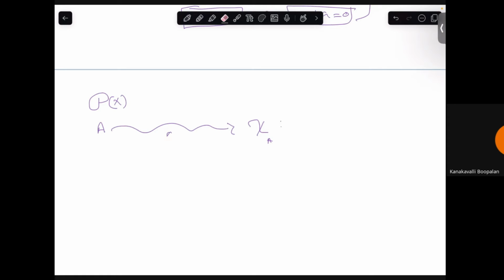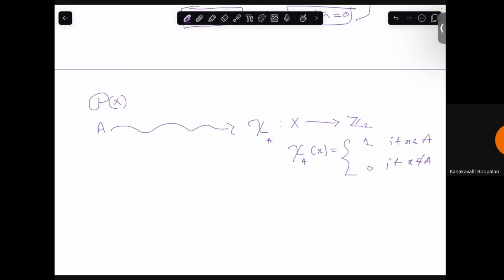It is a function from X to Z2 such that xi A of x is 1 if x belongs to A, 0 if x does not belong to A. It's called the indicator function or characteristic function, so important in measure theory. In fact, it's called the generators of simple functions, and through this only people define integration.